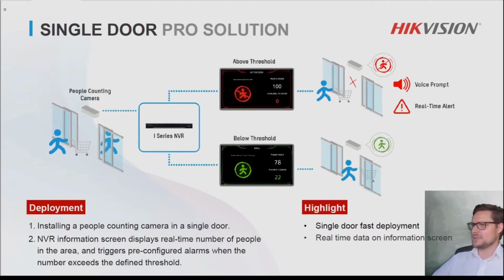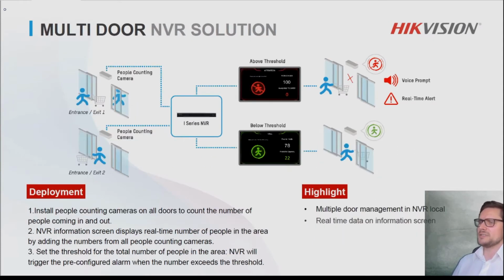In the case when you have the people counting camera with the iSeries recorder, you don't only have to have one camera, you can have multiple cameras. We're going to show you later on how to add them together to the iSeries NVR. In this case, like you see here, that's still a single door, but you can have multi-door.